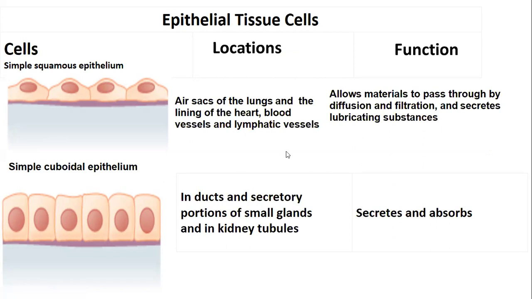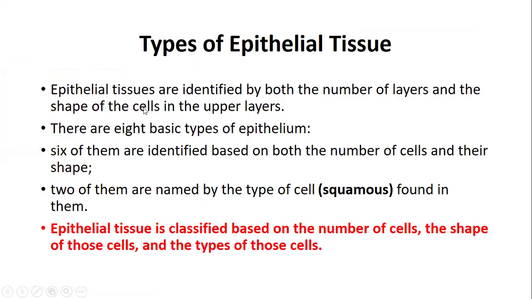Let's talk about these epithelial tissues by cells, location, and function. By classification, we heard that 2 of them are named by the type of cell found in them, whereas 6 are named by both number of cells and shape.